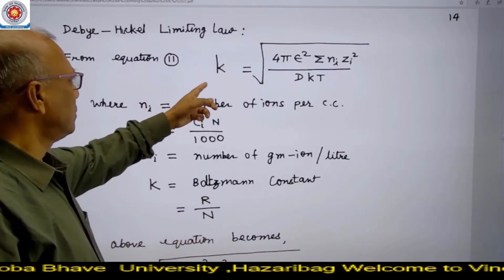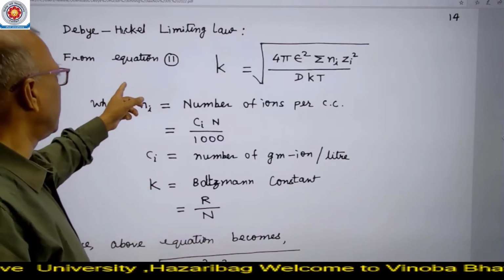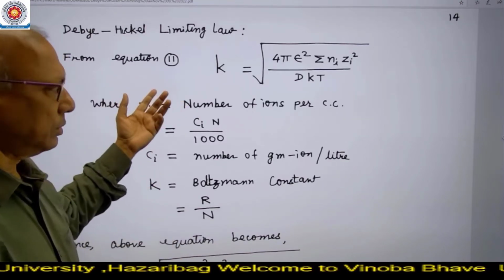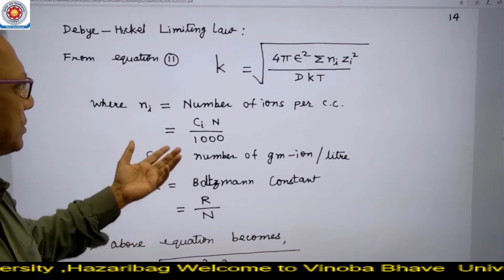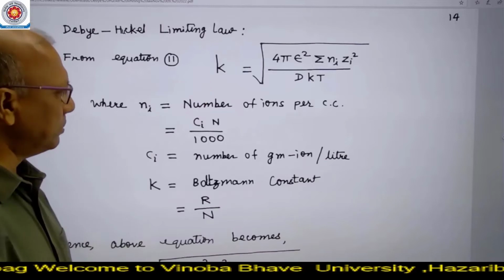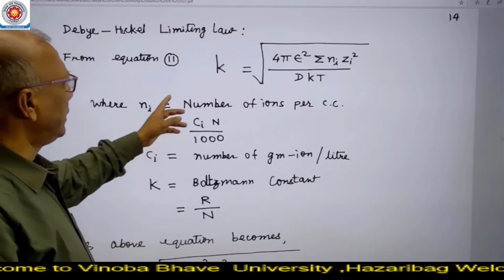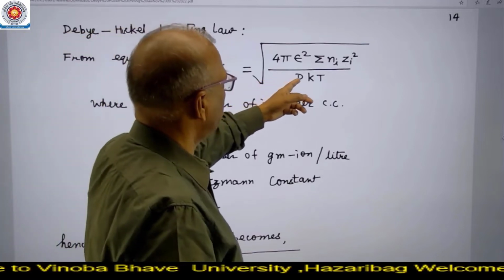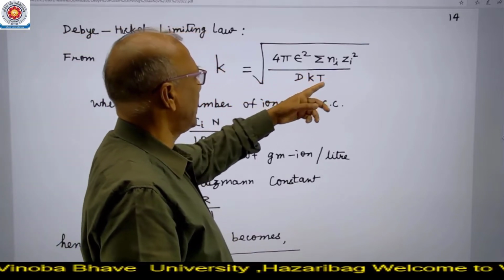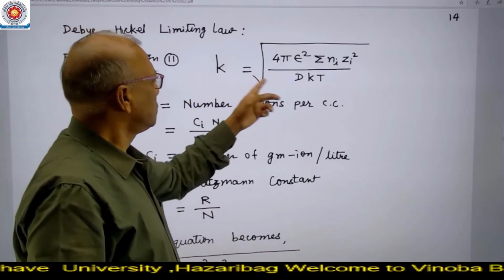So this is also one of the equations from where we shall start, and that is equation 11, which I have already discussed in my previous class, and that is K is equal to this one. 1 by K is the Debye length, which I have already discussed, and K is equal to under root 4 pi epsilon square summation Ni Zi square divided by DkT. Here these two are different.